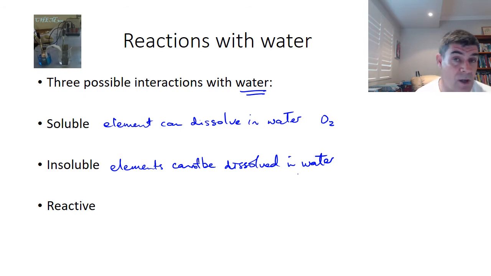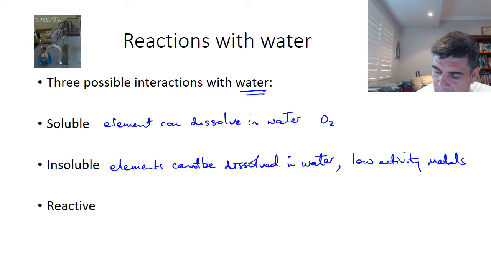They don't dissolve, but they also don't react. And there's quite a number of examples of these, such as low activity metals, and also things like sulfur. In fact, the property of sulfur not reacting with water is very important in a process called the Frasch process, but that's something that we might have a look at later on in the course.